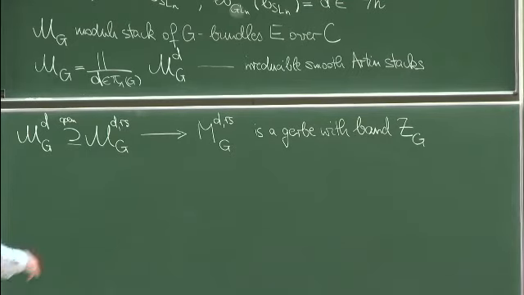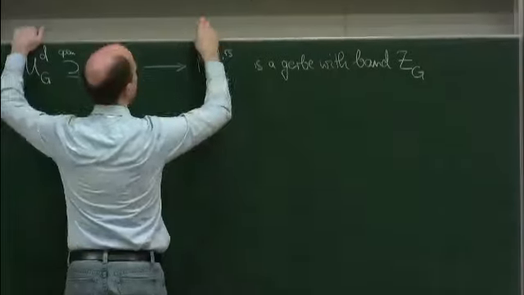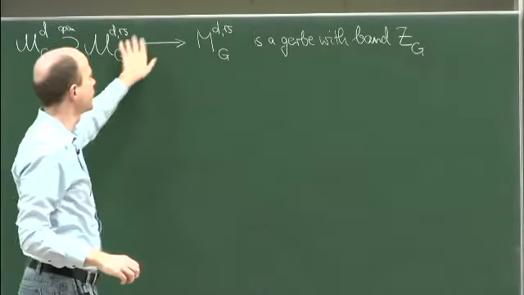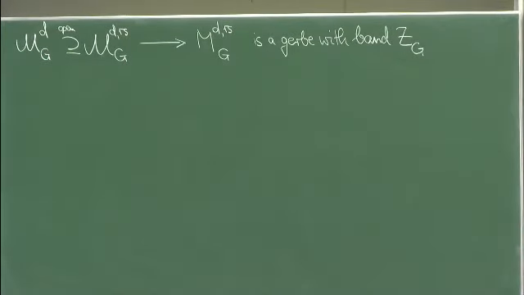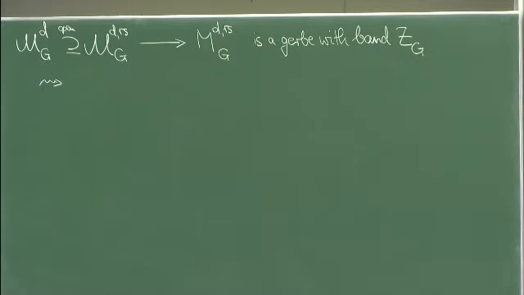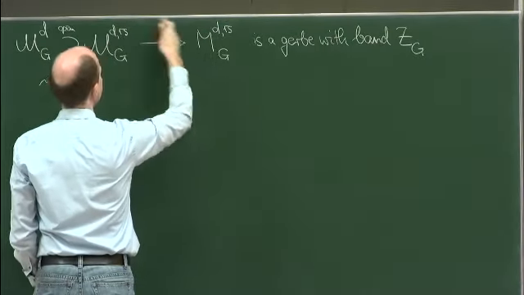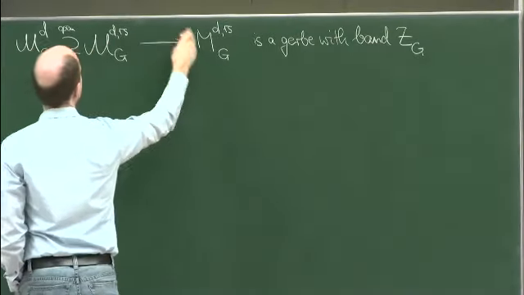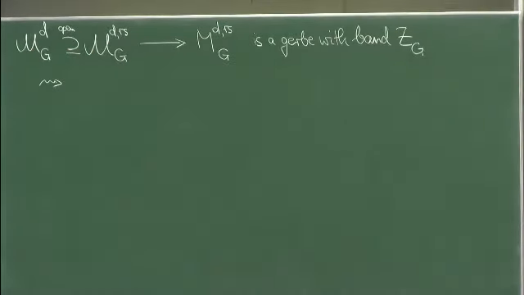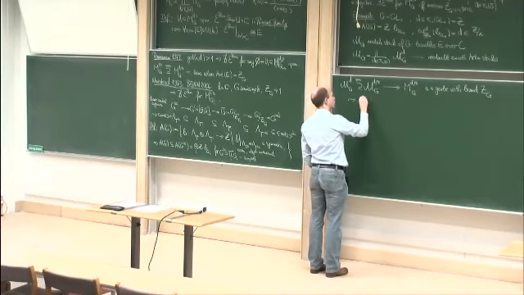Okay, and whenever you have a gerbe, it has an associated class in H^2. Just like a principal bundle has an associated class in H^1, a gerbe has an associated class in H^2, and this class is precisely the obstruction against sections of that gerbe, and sections of that gerbe are precisely such Poincaré families.